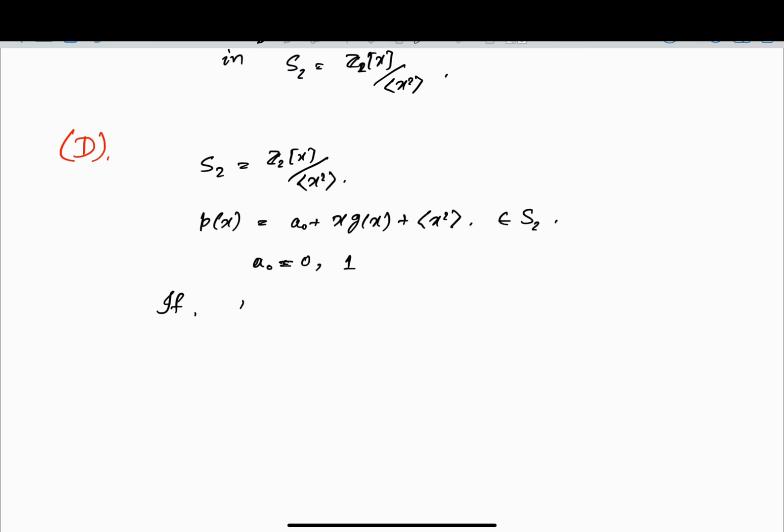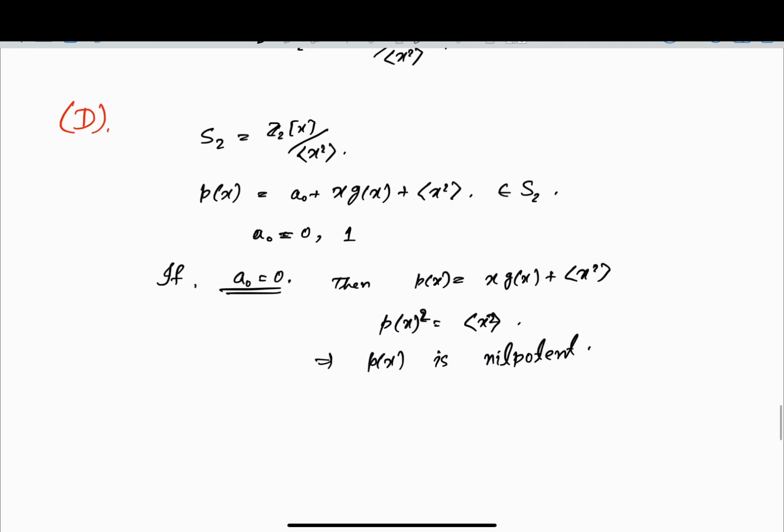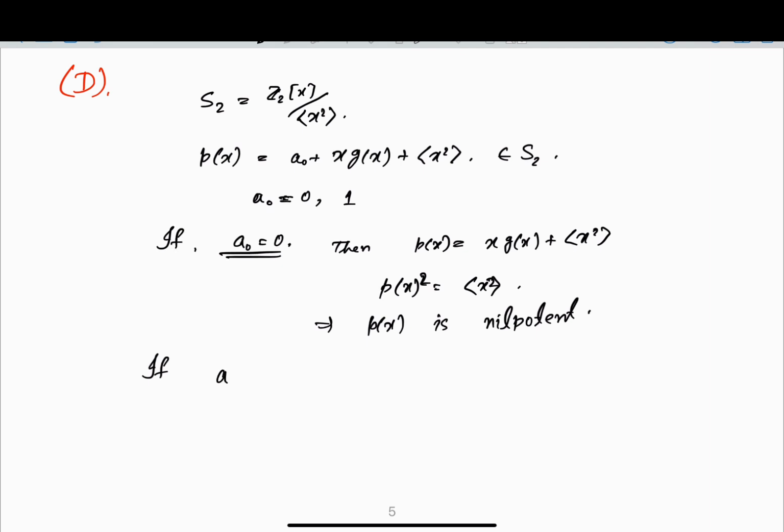So if a naught is 0, then p(x) will be x times g(x) plus x square, right? If you take the square, then it will be the zero element again, which implies p(x) is nilpotent. Now what happens if a naught is 1? Then p(x) will be 1 plus x g(x) plus the coset of x square.